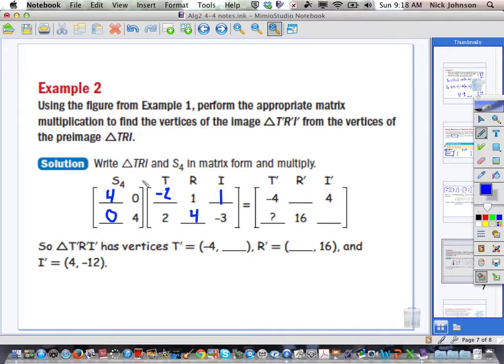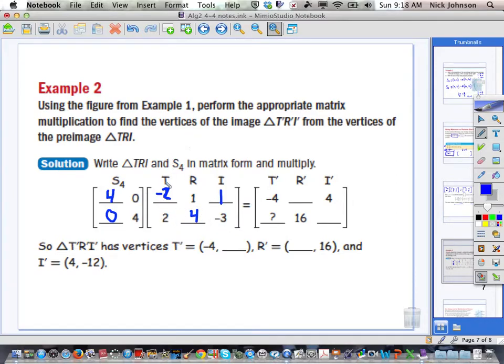Now, I'm going to show you a little shortcut when doing these. Okay? You can put this on your calculator. Take a 2 by 2 times a 2 by 3. But I want to show you what's going to happen. If you take row 1 times this, you get this number times this number, and always this second number is going to get plus 0, because 0 times anything is 0.